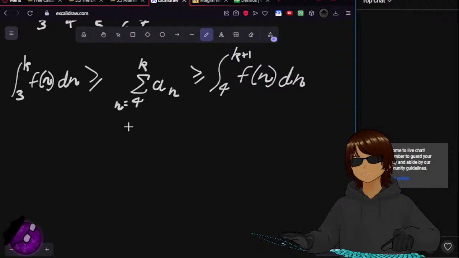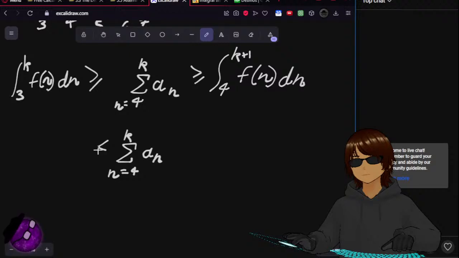Or you know what? We can write it like this. Normally, when we are writing a comparison, we write the lowest one first. From 4 to k1.